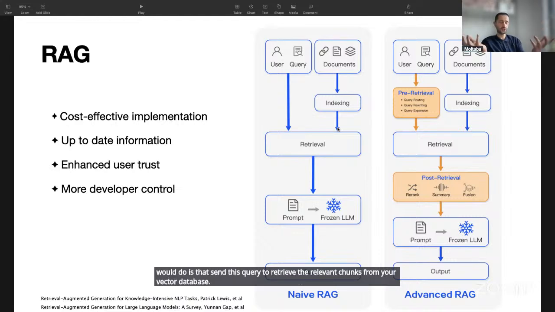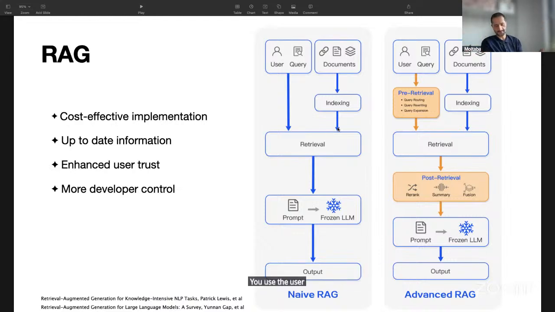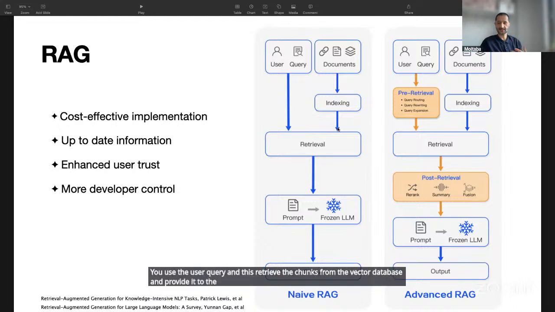You use the user query and the retrieved chunks from the vector database and provide them to the LLM and say, okay, this is a user query. These are the contexts retrieved from our vector database. Now generate an answer based on that.